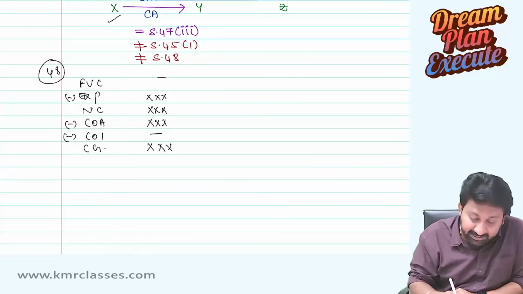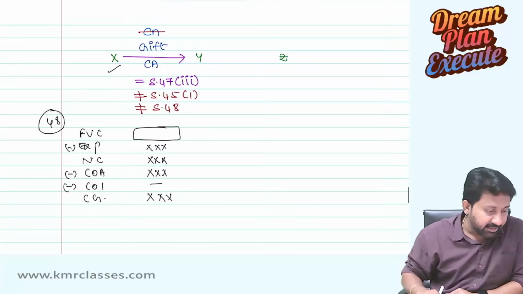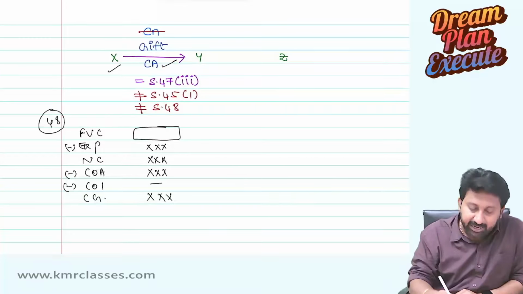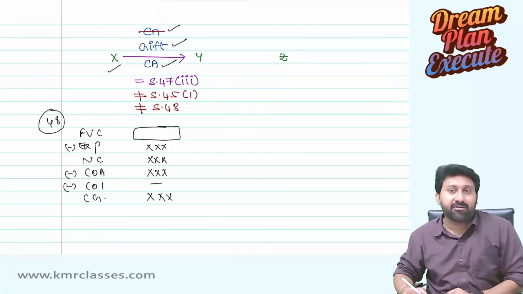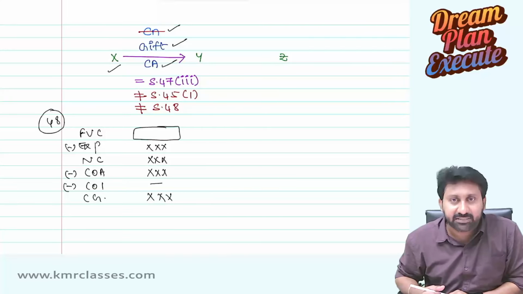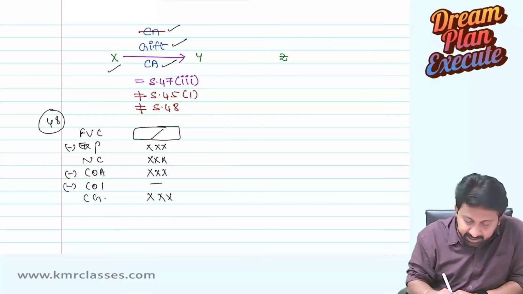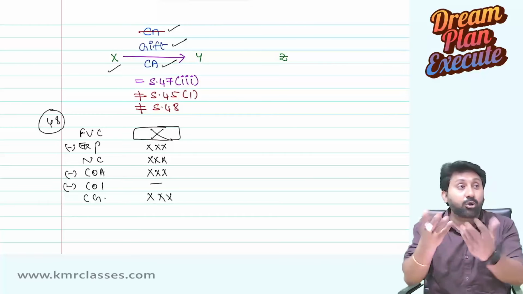But the problem is the first one is a missing figure here. What is the missing figure? This capital asset is transferred as a gift. When you transfer as a gift, consideration is missing here. Consideration is missing means the first figure in the computation table is not known at all.